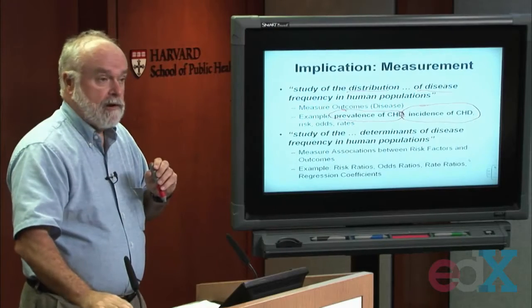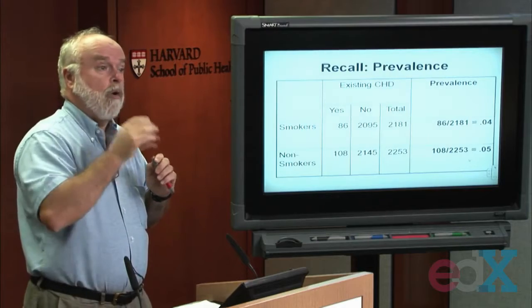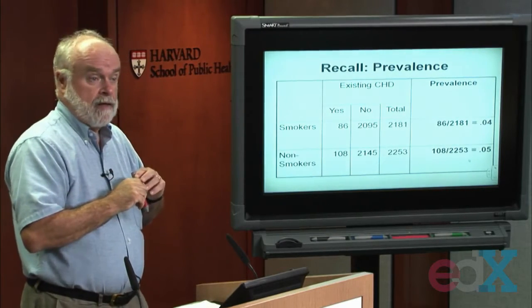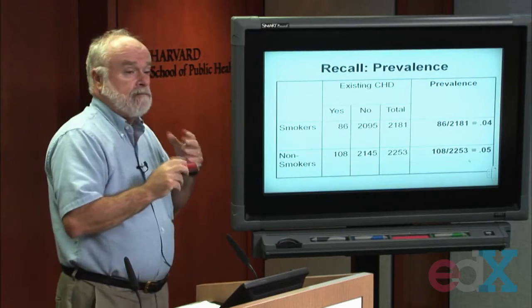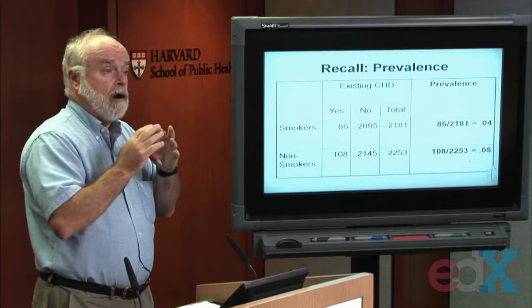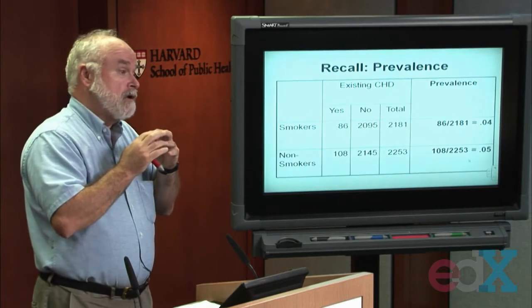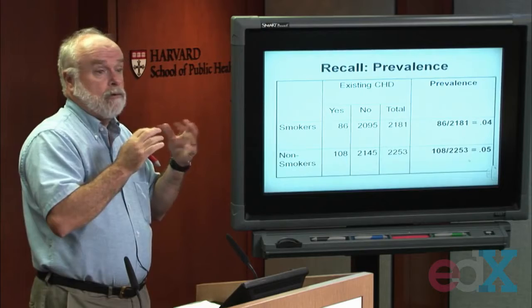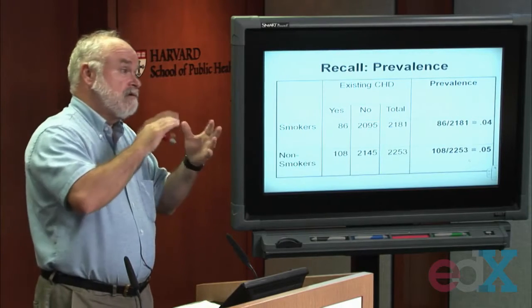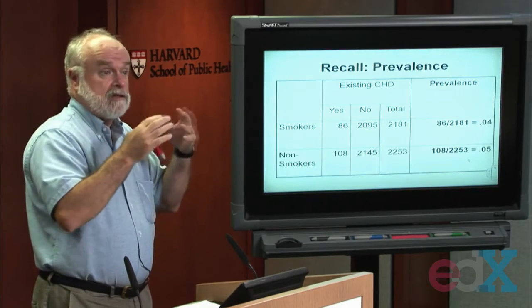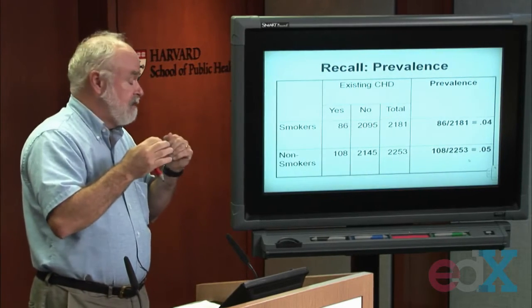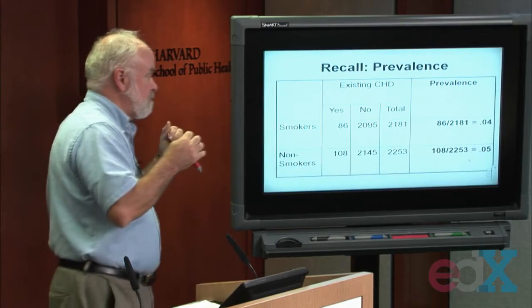But first, let me give you an example of prevalence data, building on what we talked about last week. This table describes the prevalence of existing coronary heart disease at the 1956 examination, broken down by whether a person was a smoker or a non-smoker. This is a version of what Elizabeth showed you in the Stata demo in the last sequence of lectures.